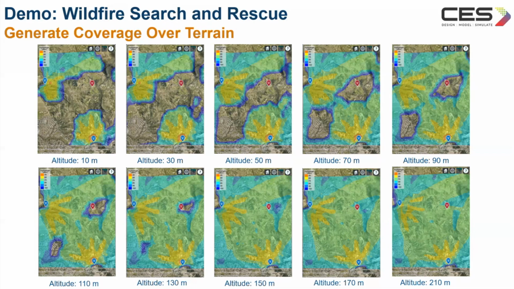So this analysis helps to identify the optimal UAV operating altitude to maximize the communication coverage during this wildfire response and search and rescue mission. So what you can do in this case, you can import GIS data if you intend to work with the GIS data of a target area.